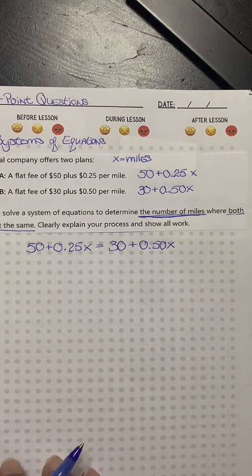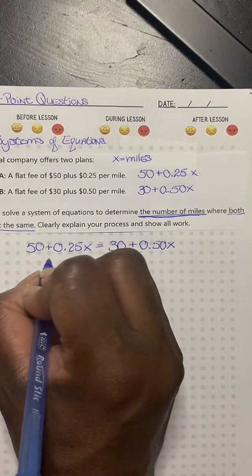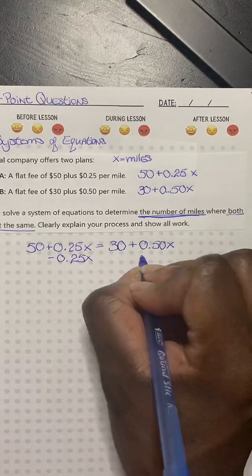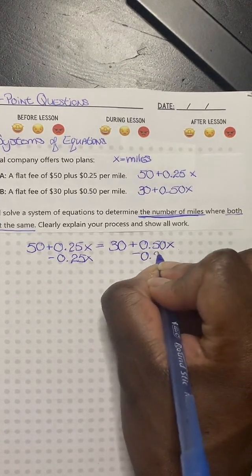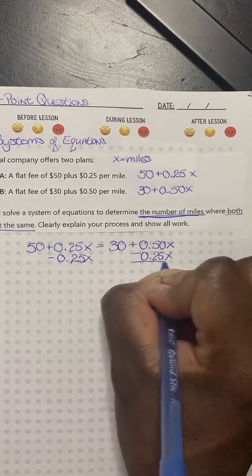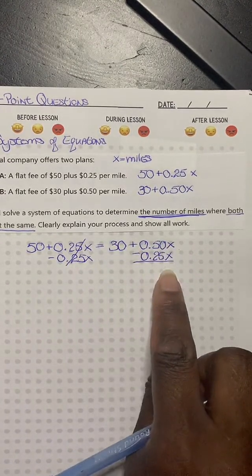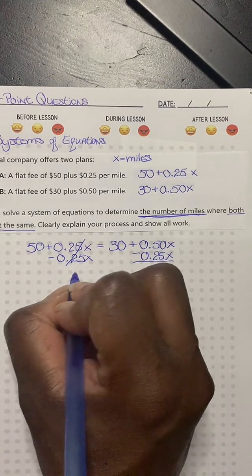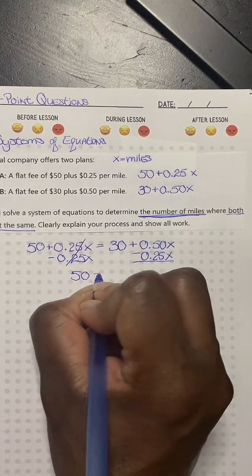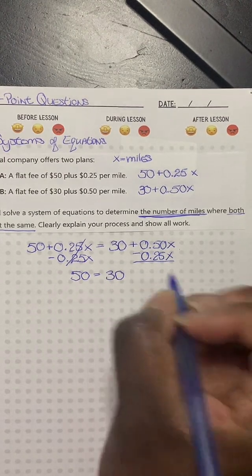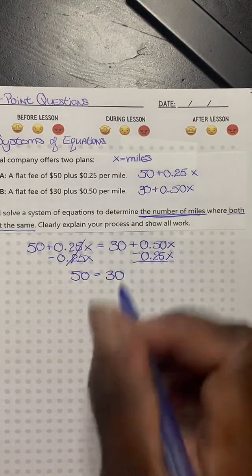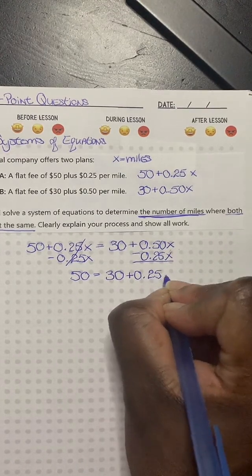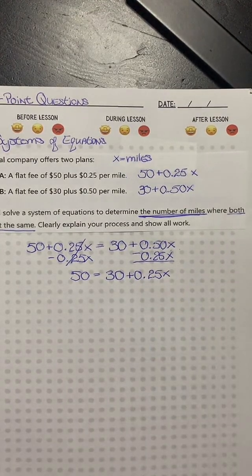So we want to isolate our X. I could subtract 0.25X on both sides. By doing that, I'm saying I want to put my X's on the right-hand side. So I can bring down my 50, bring down my equals and the 30. Now, 50 cents minus 25 cents is 25 cents, and it's going to be positive.